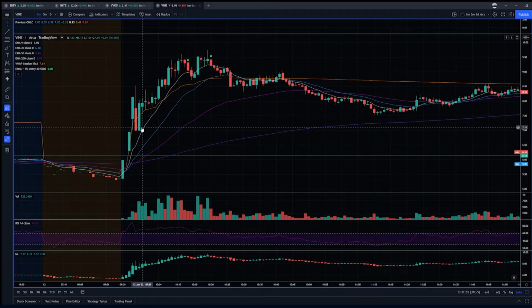So this wouldn't ever give you any chance to take a trade based on the position of the EMA. Okay? This is very important to understand, especially for beginners.